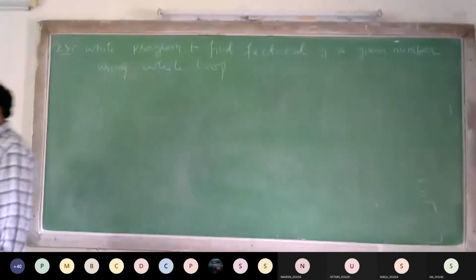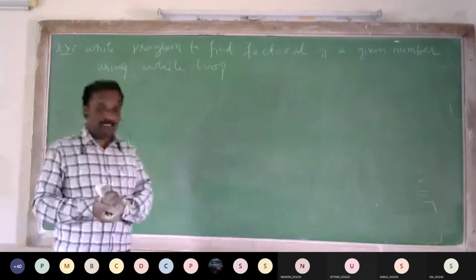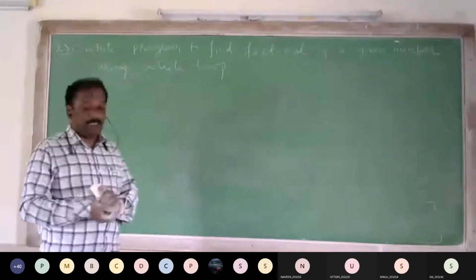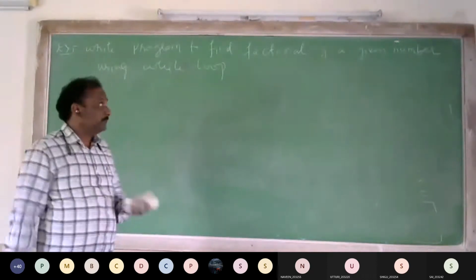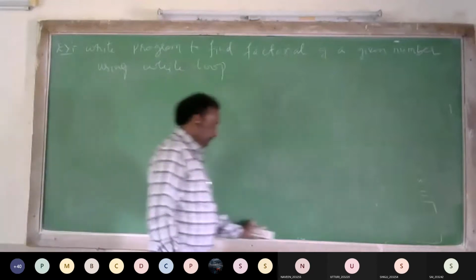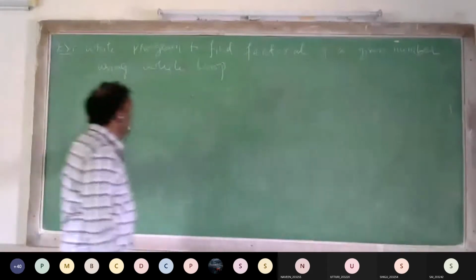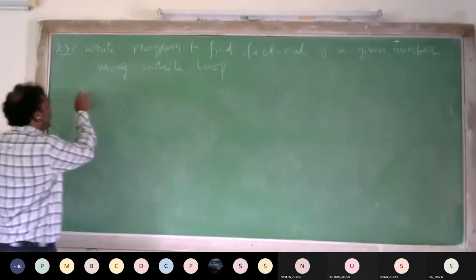So we have seen the algorithm and flowchart for finding the factorial of a given number. Now I will write the program.